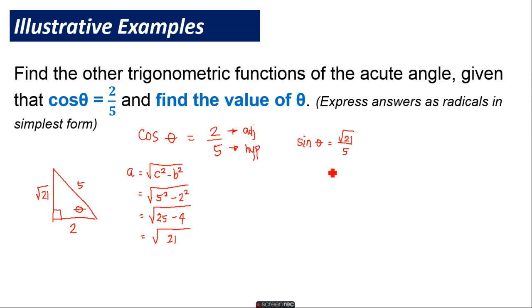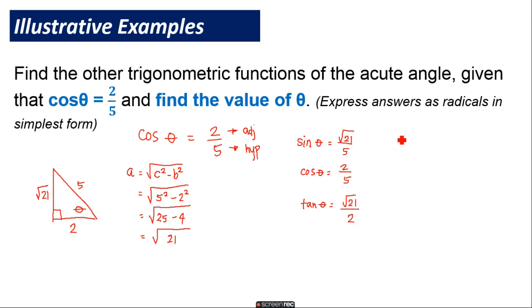We are already given cosine theta, that is cosine theta equals 2 over 5. And then we have tangent theta, that's TOA, opposite over adjacent, so that is the square root of 21 over 2.